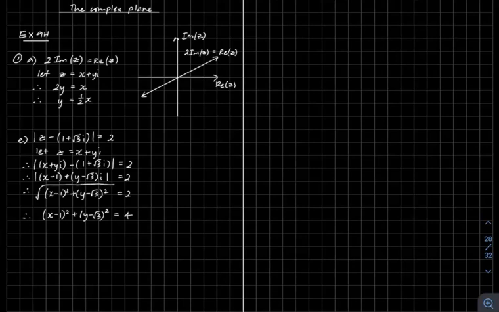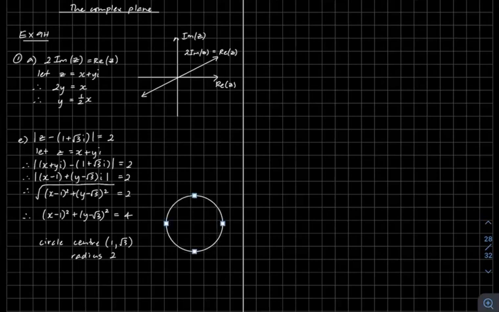And what we have there is hopefully an equation that looks pretty familiar. That's a circle, center at 1, root 3, and radius of 2. So let's have a go at sketching that one.